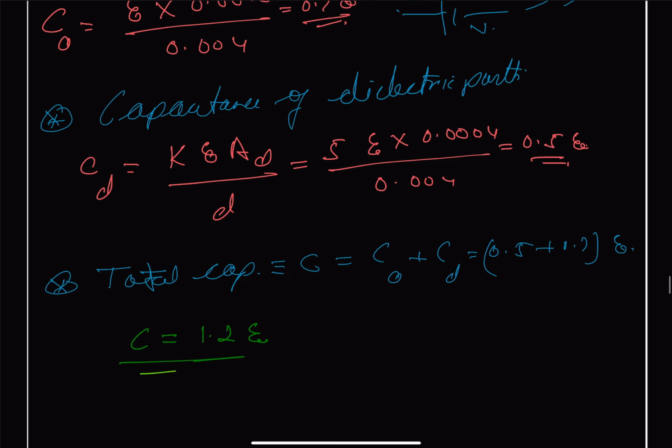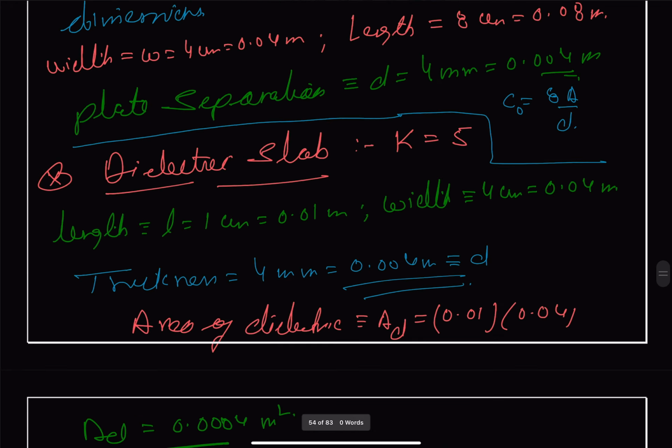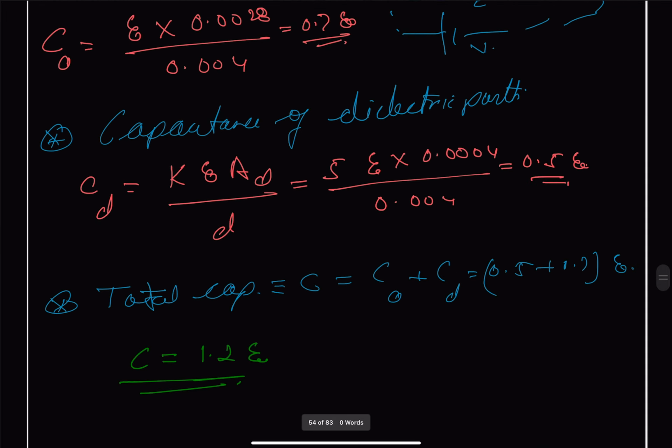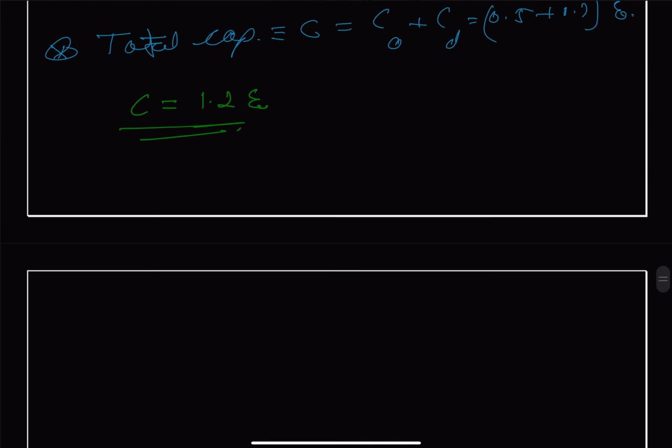And we are supposed to find out the energy of the system, and they are connected to the voltage source V. Therefore, energy E is equal to half C V square.